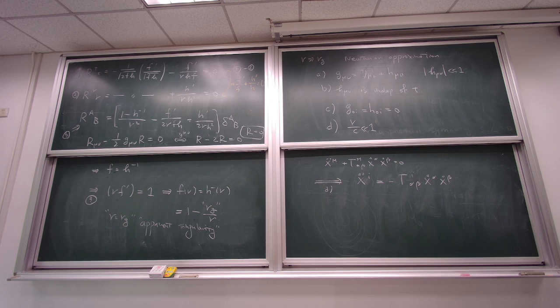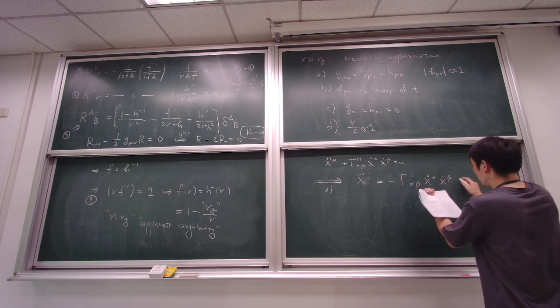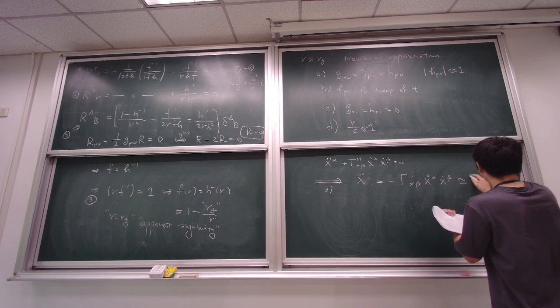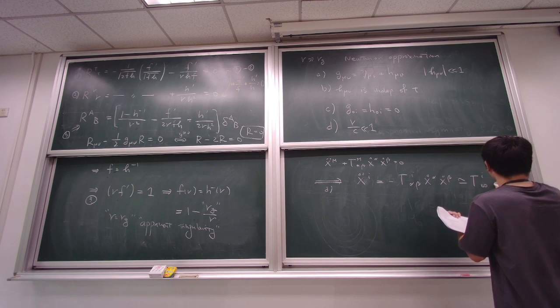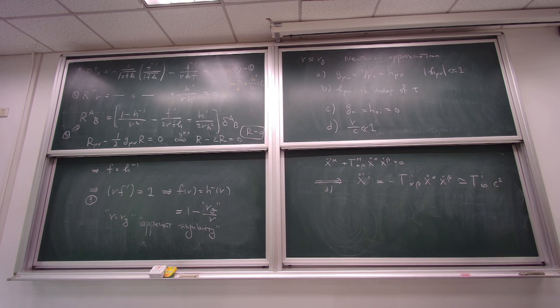We can assume the particle is essentially in a static rest frame, so only the time component matters, and this is roughly gamma i00 c squared.